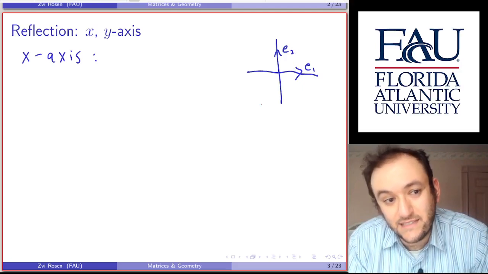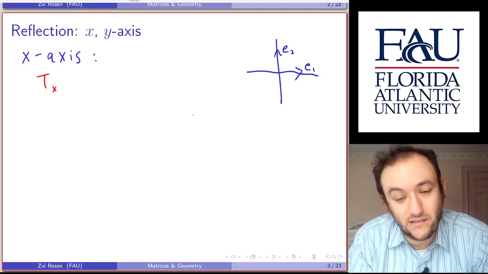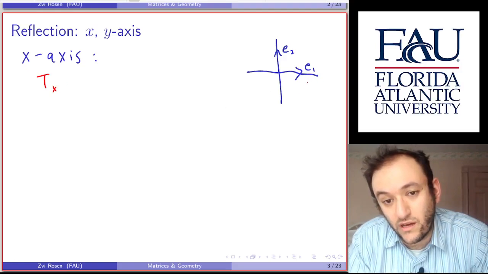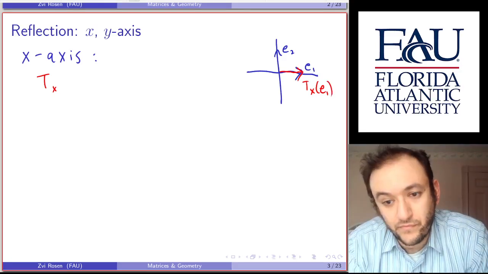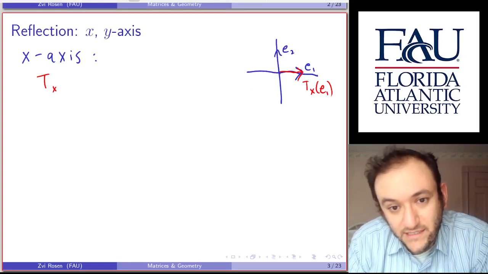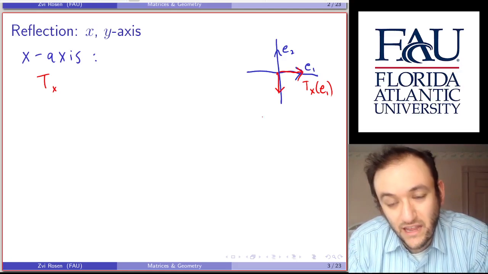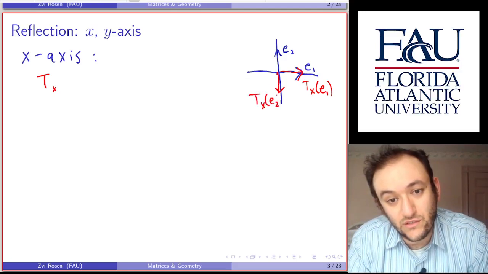After we apply T, let's say this is Tx. Tx of e1 is just the same as what you start with, because when you reflect over the line, it started in the line and now it's still in the line. On the other hand, when I reflect e2 across this line, now it shows up on the other side. This is Tx of e2.